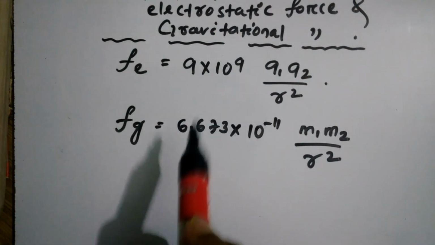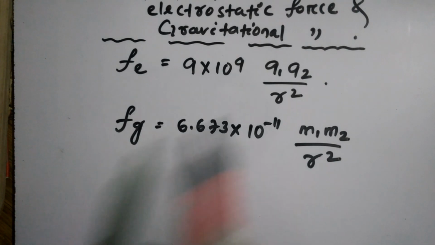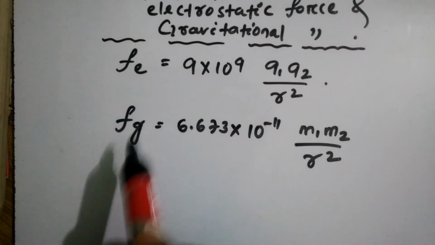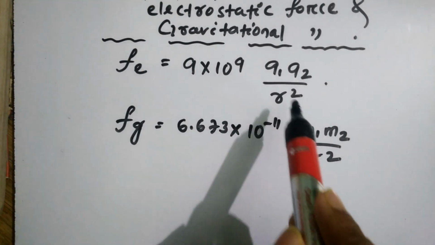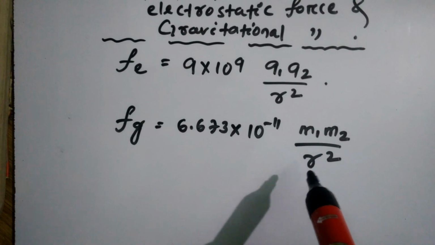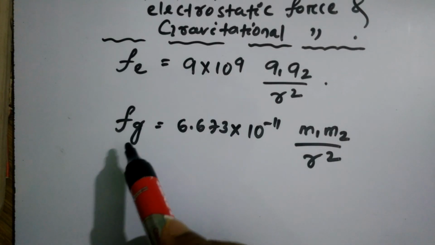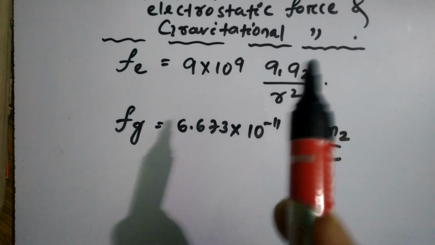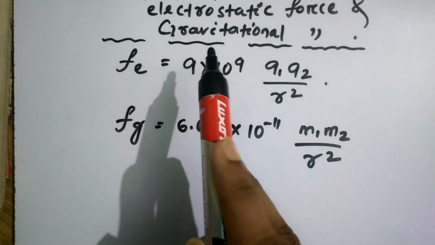Look at these two forces. These two forces obey the inverse square law of distance. Here R square and here R square. So today I will discuss the comparison between electrostatic force and gravitational force.